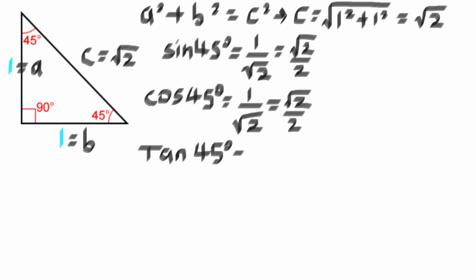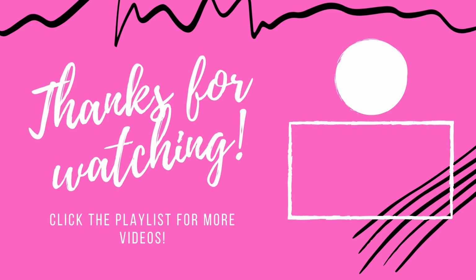So tangent is equal to opposite. So the opposite side of 45 is 1 divided by adjacent, which is also 1. So 1 divided by 1 is equal to 1. And these are the trig ratios for 45 degrees.